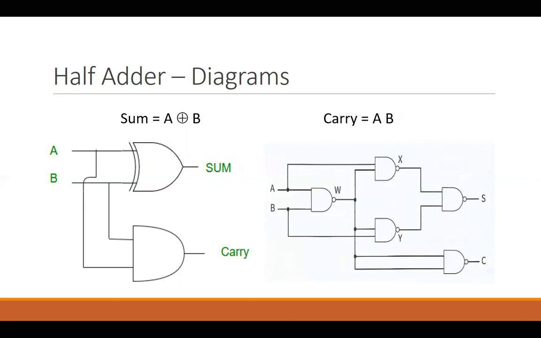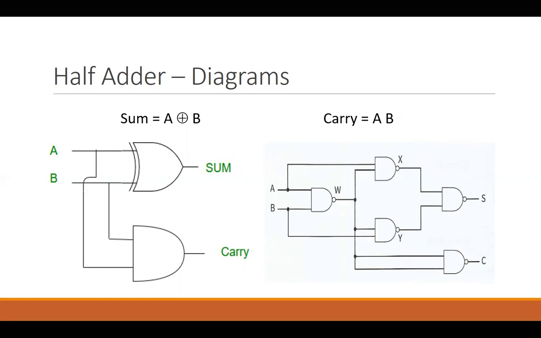We can also use the NAND gate diagram. We can also represent a half adder circuit in terms of NAND gates only. And we have learned to do that in our AS syllabus. You might remember the notes which showed how to represent each and every gate using a combination of NAND gates or a combination of NOR gates.